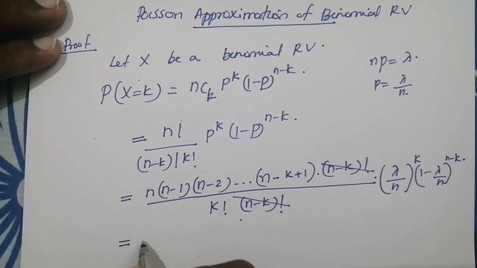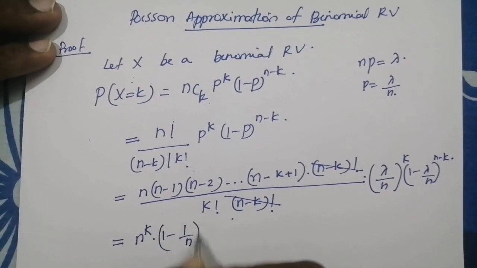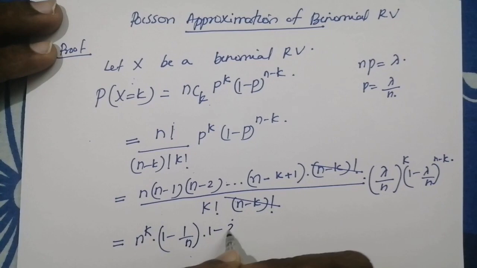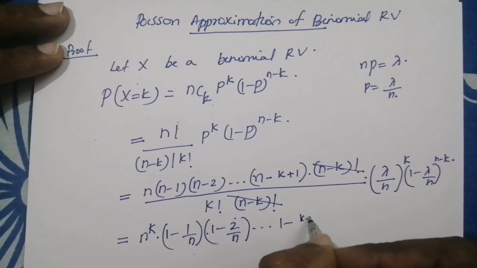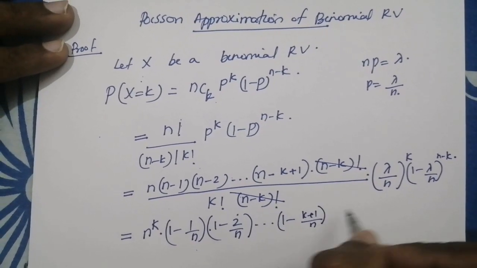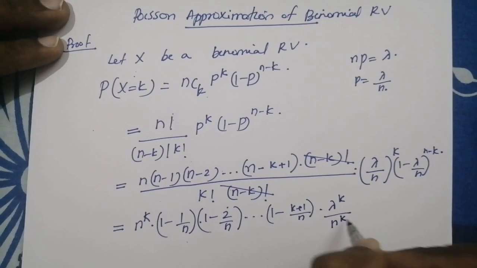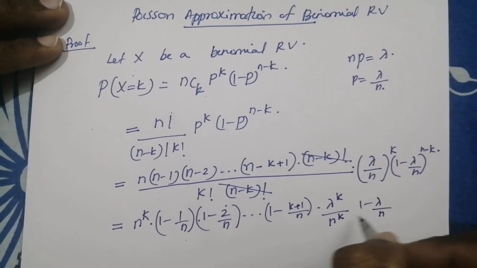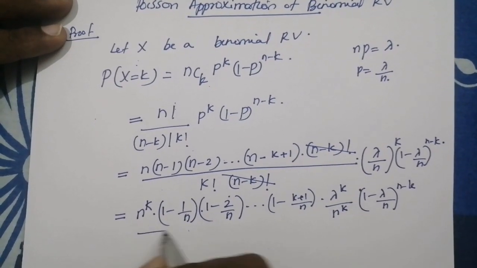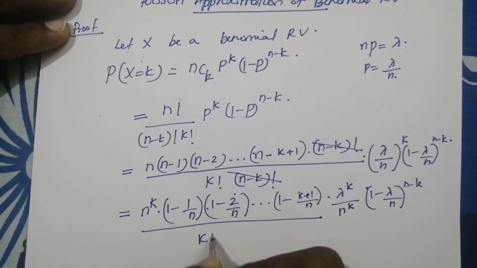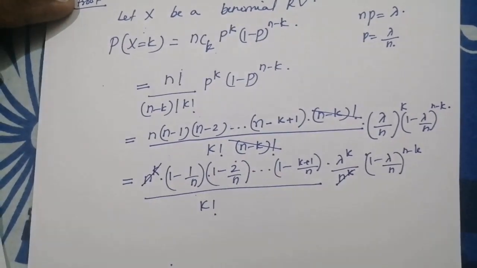So that can be written as n raised to k into 1 minus 1 by n into 1 minus 2 by n and so on up to 1 minus k plus 1 by n, into lambda raised to k by n raised to k, 1 minus lambda by n the whole raised to n minus k, divided by k factorial. So n raised to k cancels.